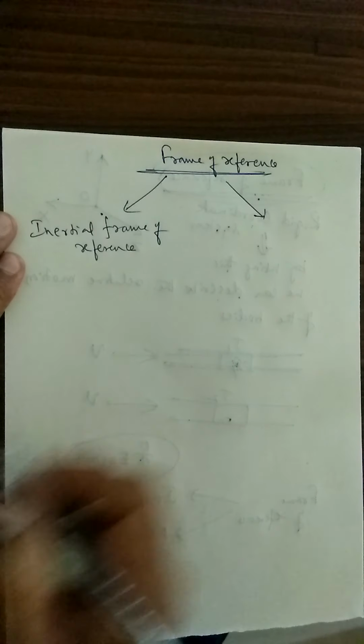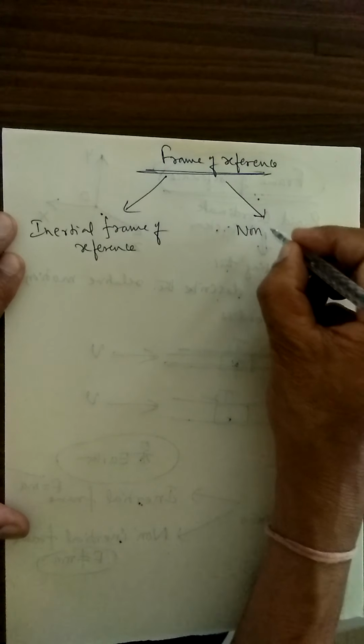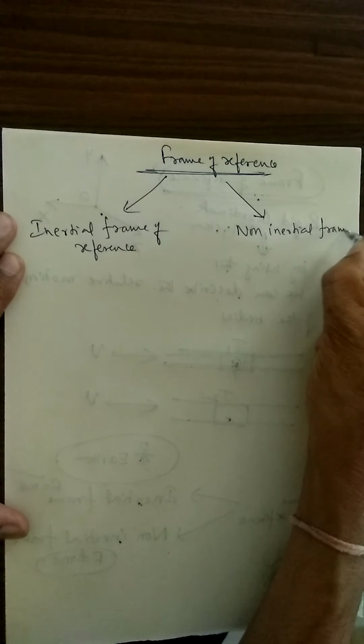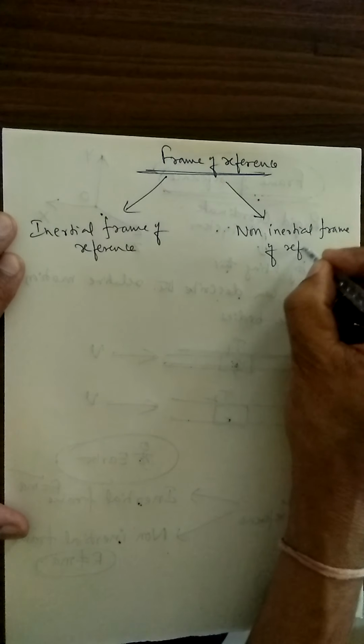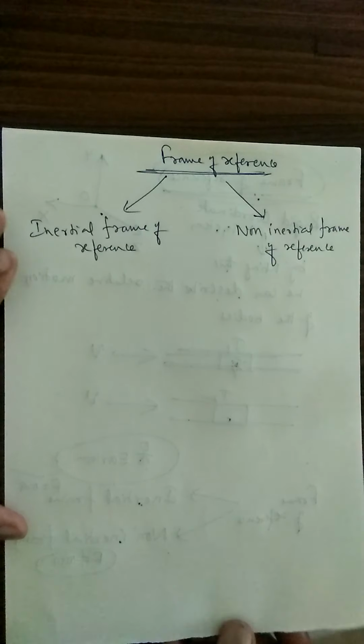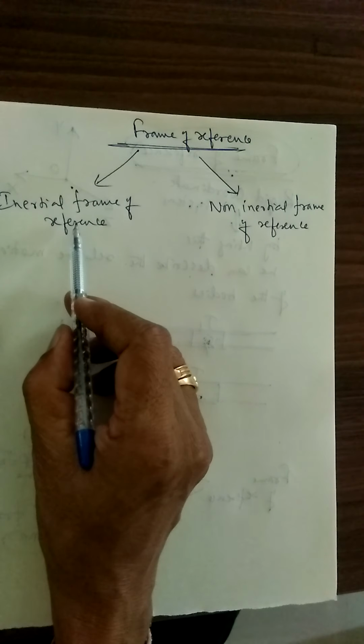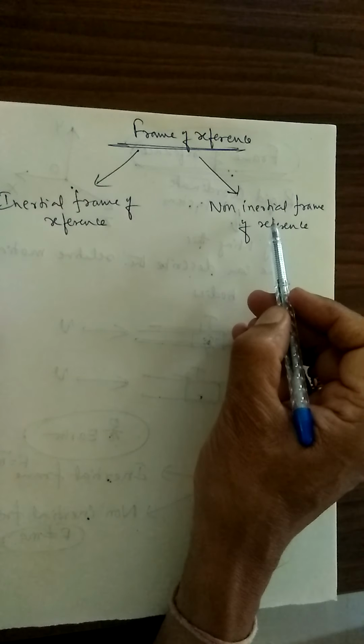The second one is the non-inertial frame of reference. So there are two varieties of frames of reference.